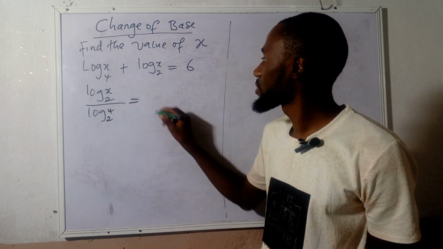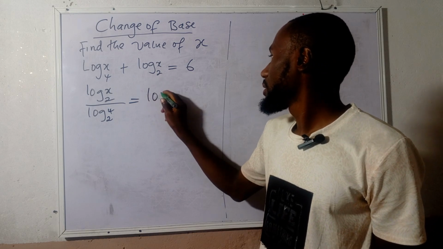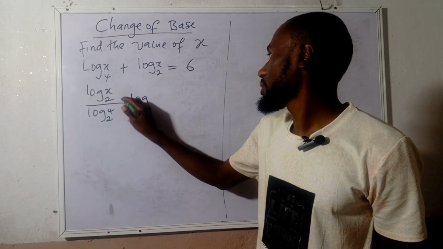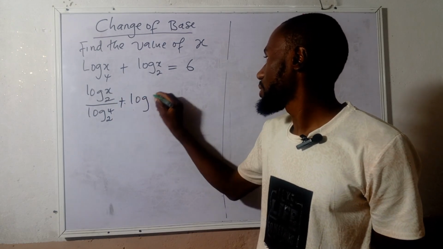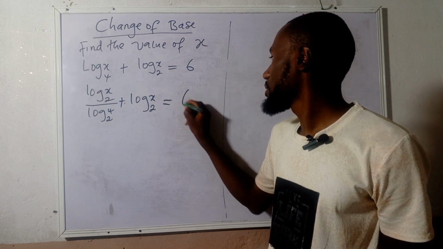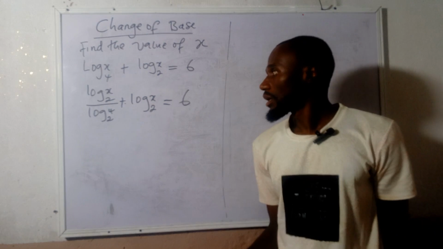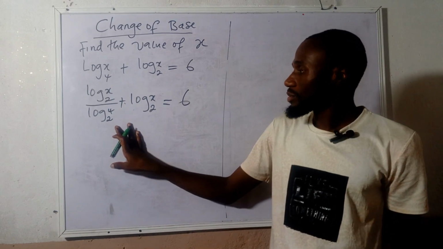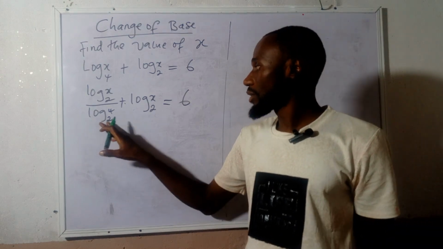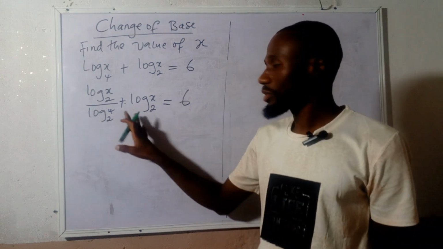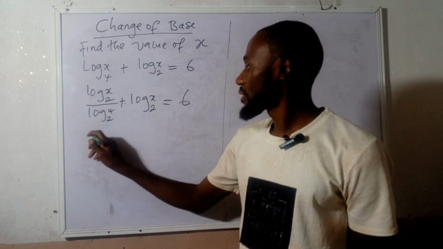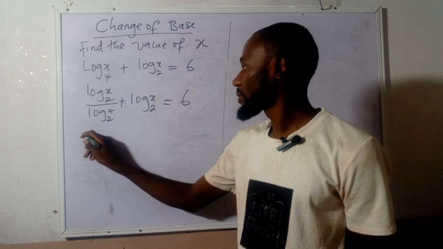This is equals to, we're going to say plus log x 2 is equals to 6. Then now we are going to multiply 2 by log base 2 4. We're going to multiply 2 out by log base 2 4 so that to eliminate the fraction.